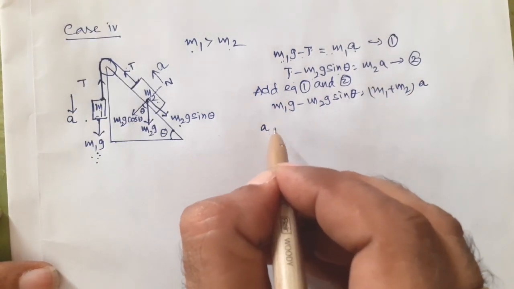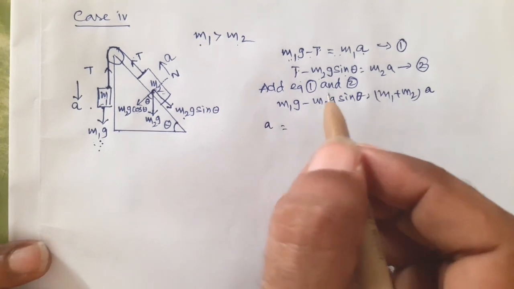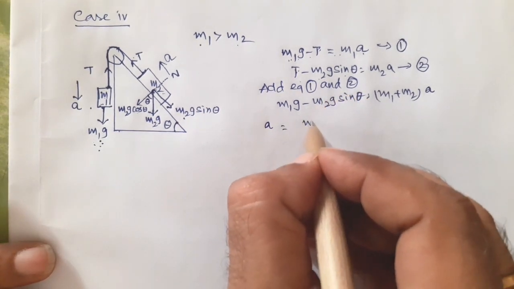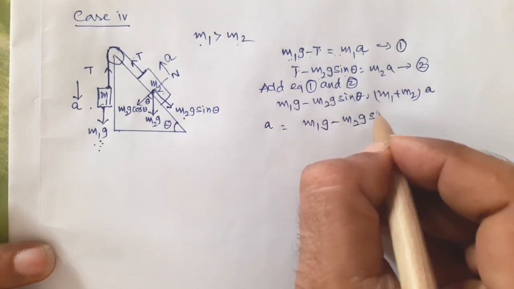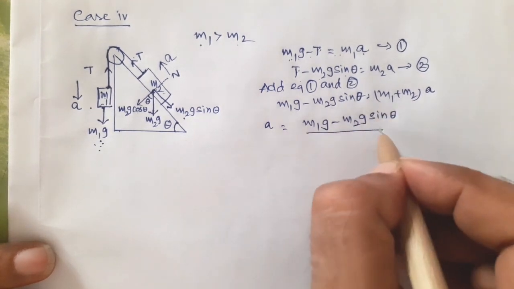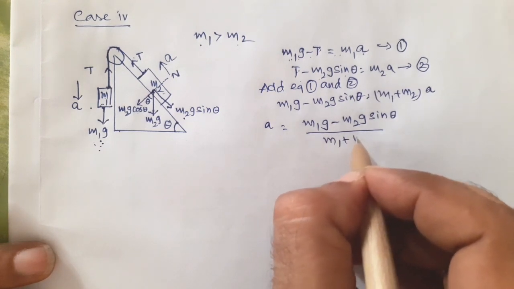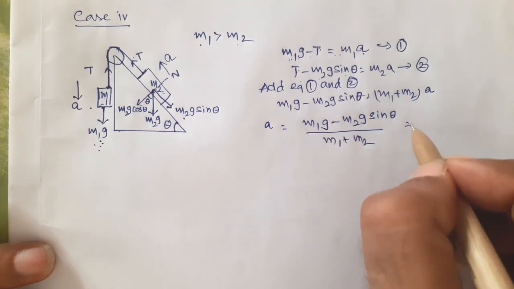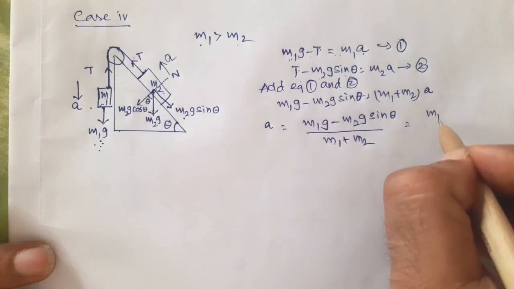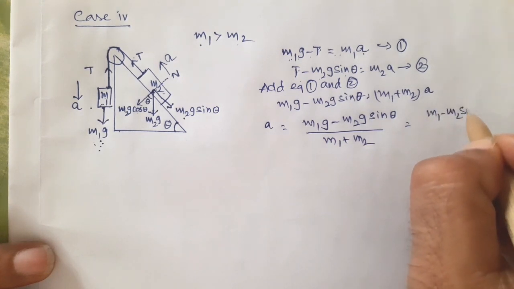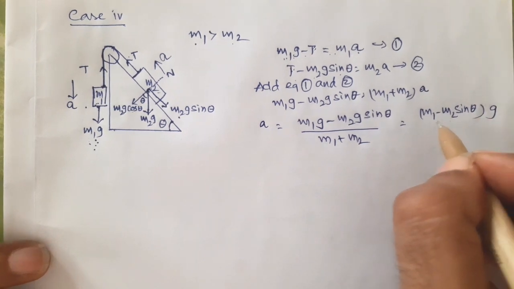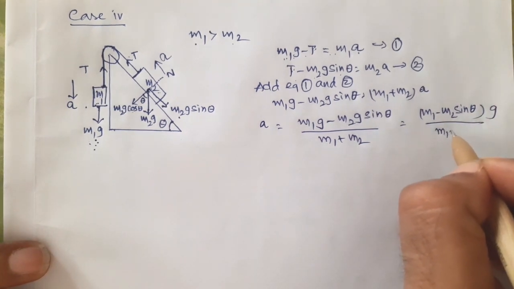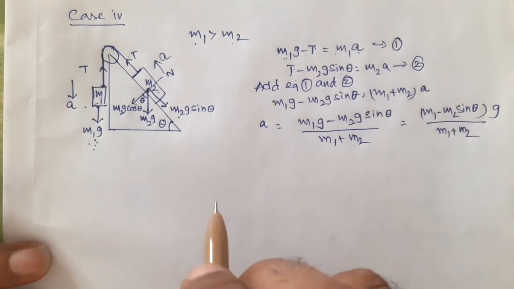Therefore, the acceleration is equal to m1g minus m2g sin theta by m1 plus m2. Or you can also write this as m1 minus m2 sin theta into g by m1 plus m2. This is the acceleration.